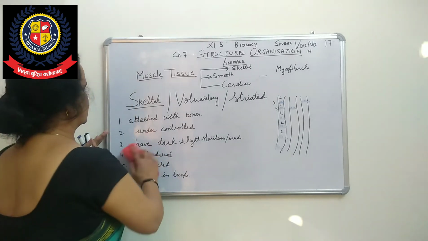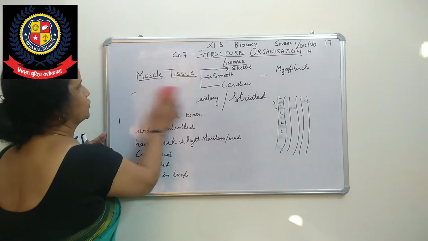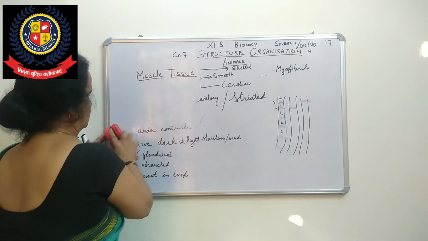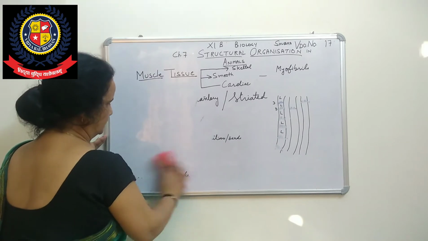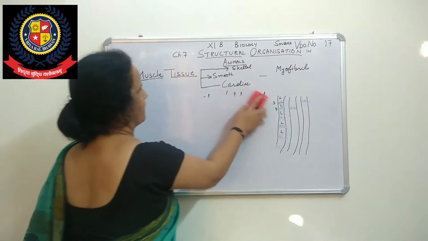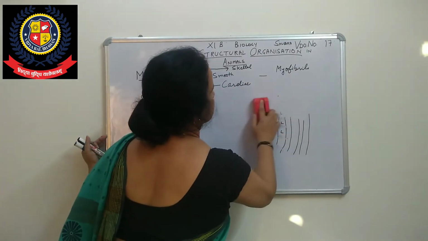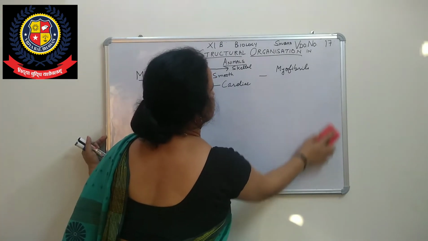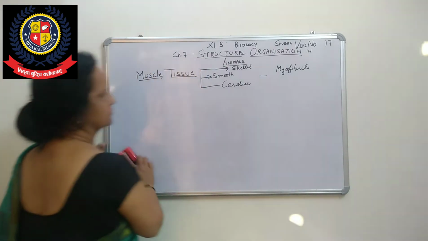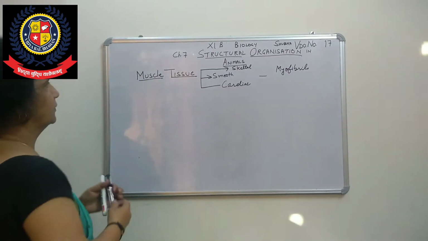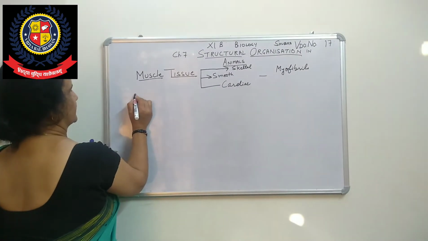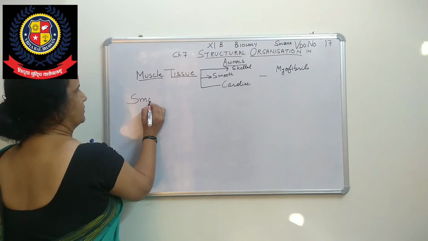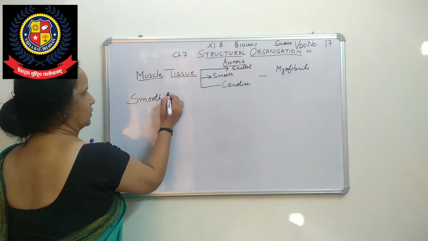Now the next muscle is smooth muscle. The second one is smooth muscle. Again, three names are given for this muscle also.